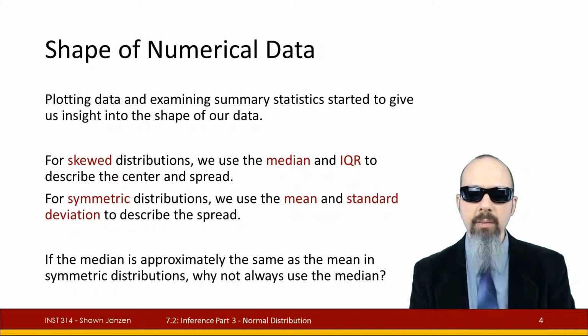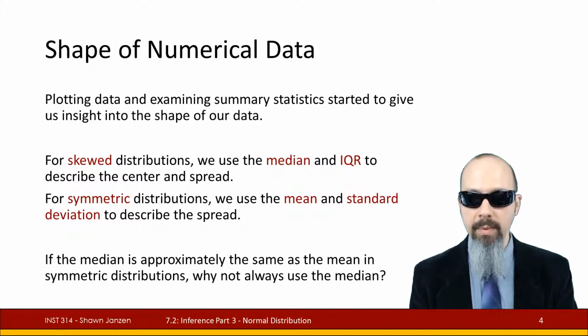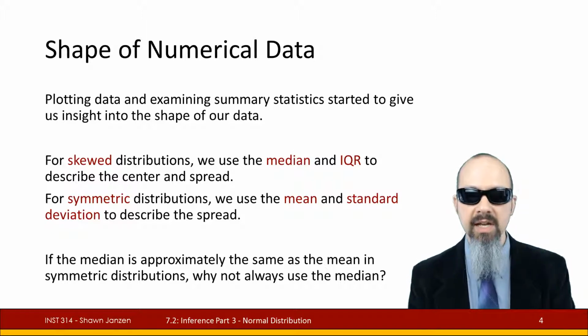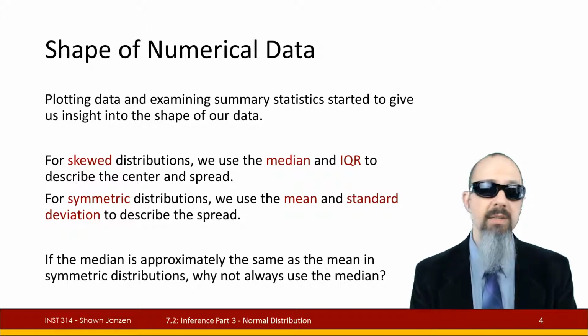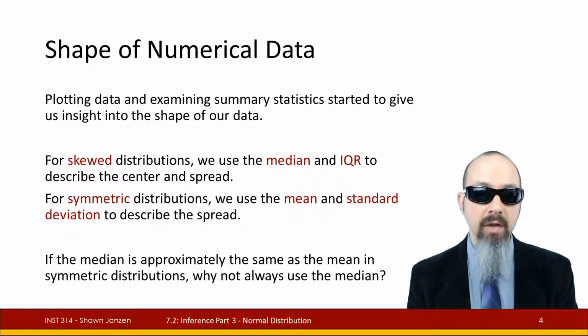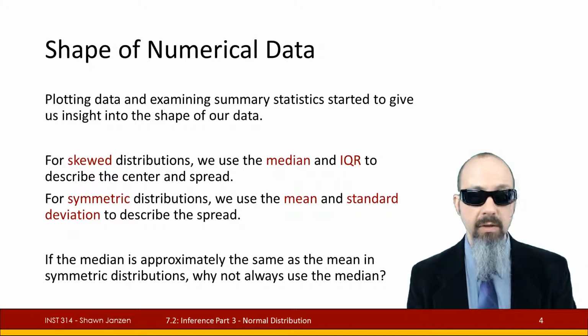Now, when we're talking about numerical data, we're talking about how we can plot it, we can shape it, and how we can look at the different summary statistics to give us some sort of insight about the data. That's when we're talking about things like its mean and its median, its standard deviation, its IQR, all sorts of different metrics like these. When we plot these out, we can talk about them in terms of their skew. Are they left skewed? Are they right skewed?